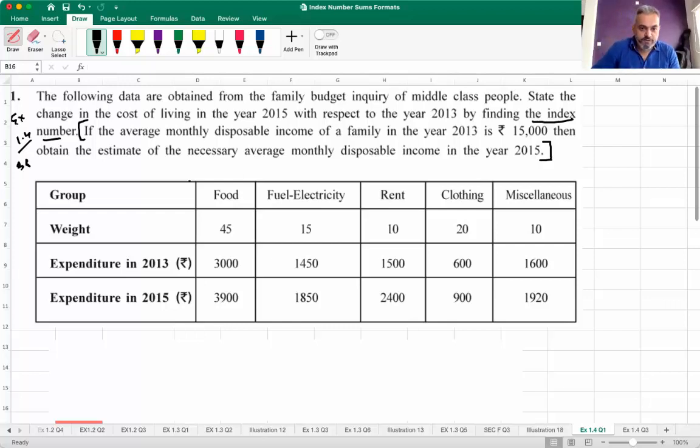Now groups are given: food, fuel, electricity, rent, clothing, miscellaneous. Now weights are already given: 45, 15, 10, 20, 10. Expenditure in 2013 is given and expenditure in 2015 is given. So we have to find the index number of expenditure, that is I. Here no units are given, so nothing to worry, no conversions required.